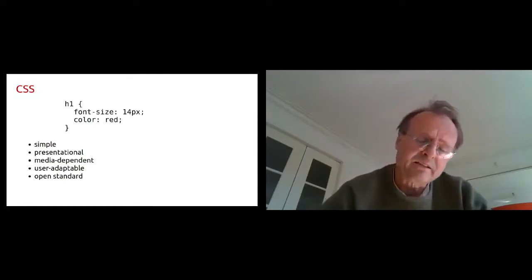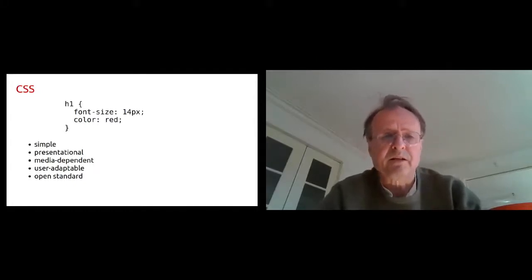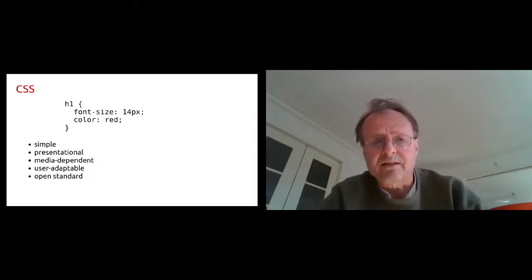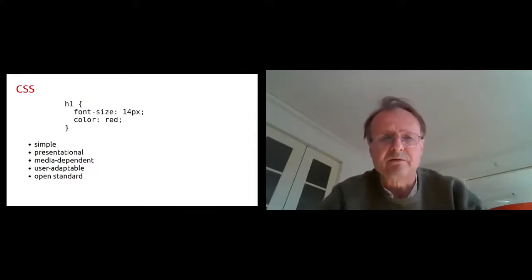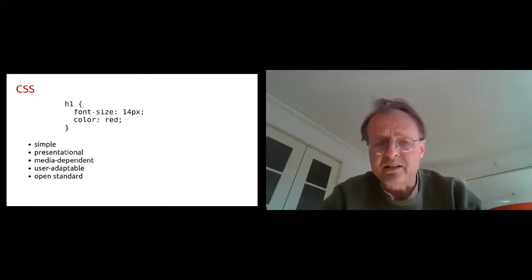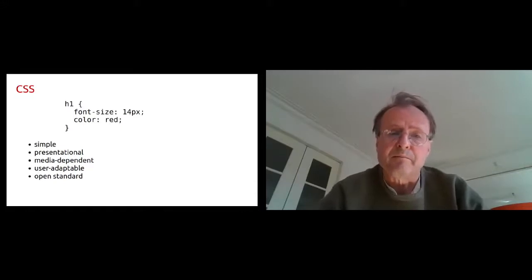And yes, there is a copyright on style sheets as well as other information. But in general, you can copy things, sentences, and reuse them. And that's how the knowledge about how to create all this spread. So it's a simple little language. It's presentational, where HTML was about semantics.